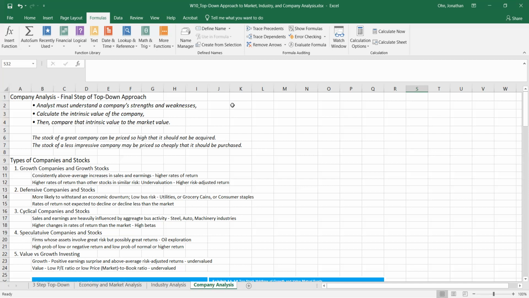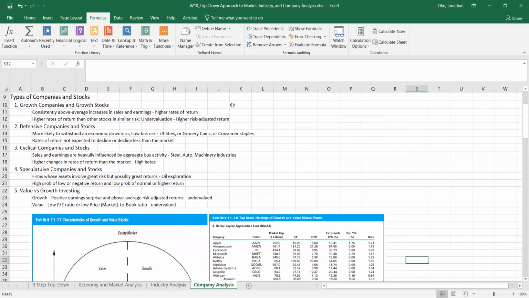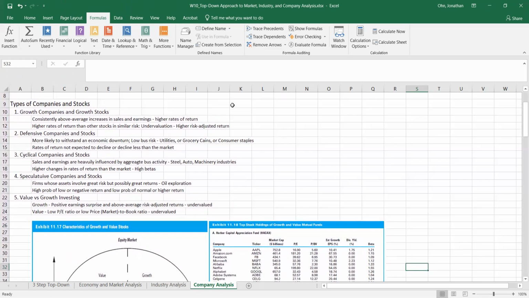Let's compare those two. Oftentimes, the second one, a not so good company in the best industry, might be better than the best company in a not attractive industry. That's why you have to do this top-down approach. Understand that? All right. Before we get into the company stock, let's check some types of companies and stocks.